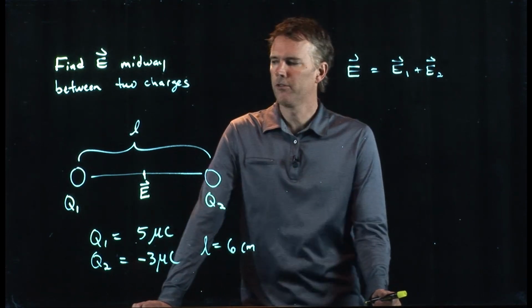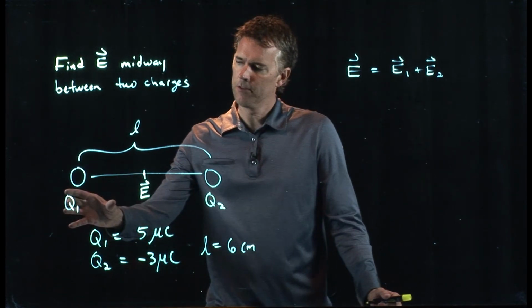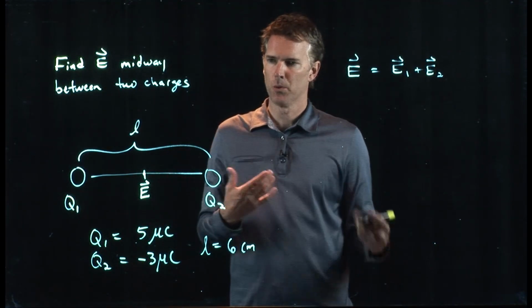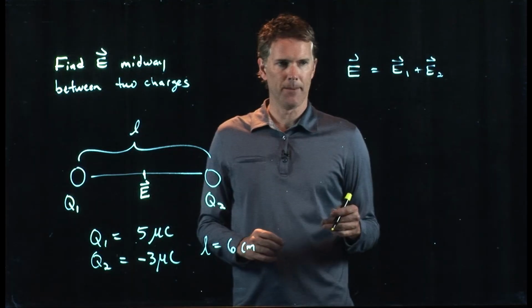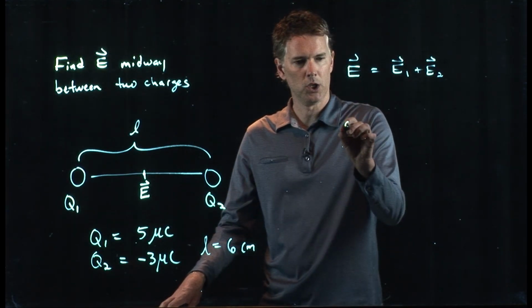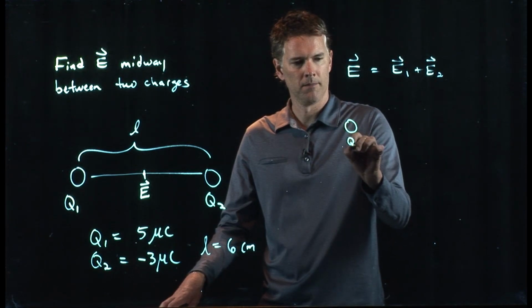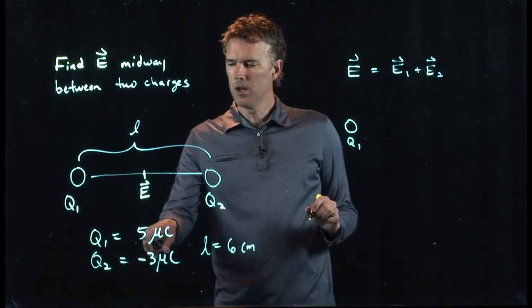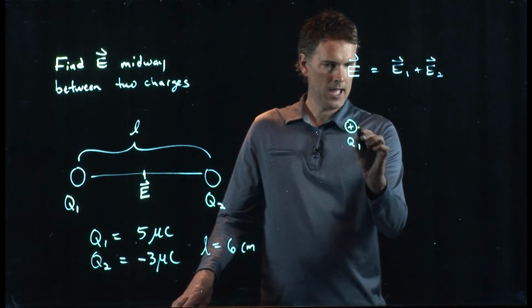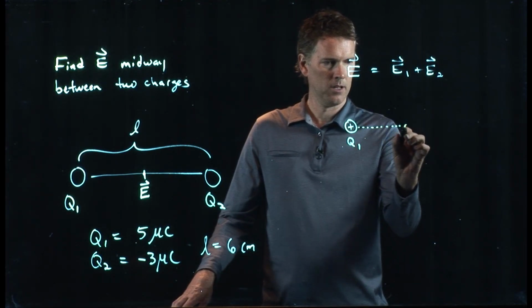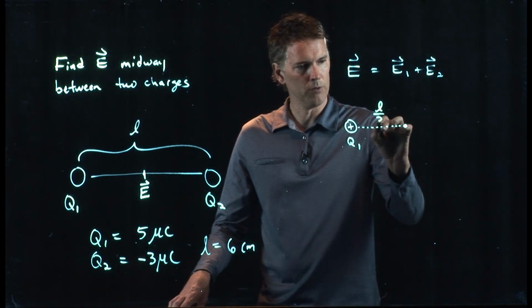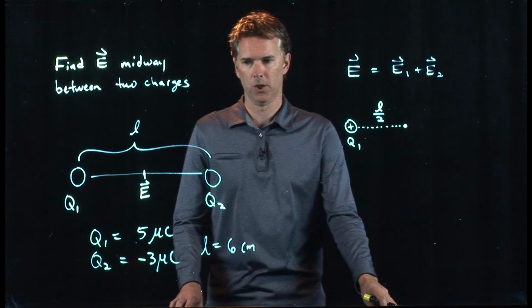And so all we have to do is figure out what the E field is due to Q1, what the E field is due to Q2, make sure we get the directions right, and add them up. So let's do 2 different problems. We'll do Q1, and we know that Q1 is a positive charge, and our point is sitting right there, a distance L over 2 away from Q1.